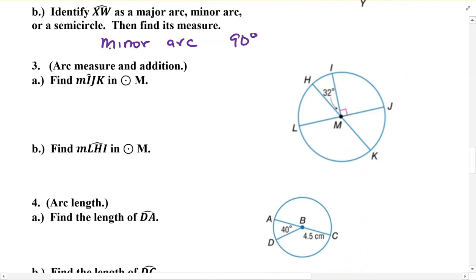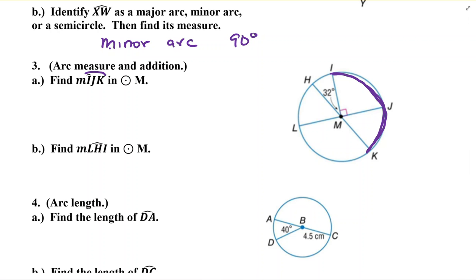Here we're asked to find the measure of arc IJK. So I go through J to K. It's definitely a minor arc, and it's less than 180 degrees.